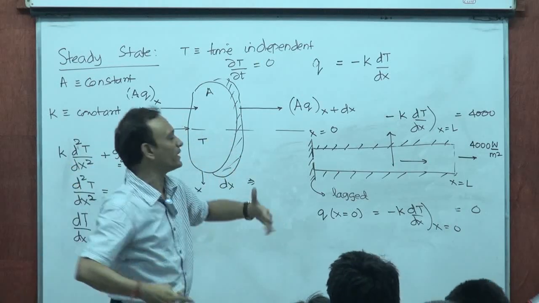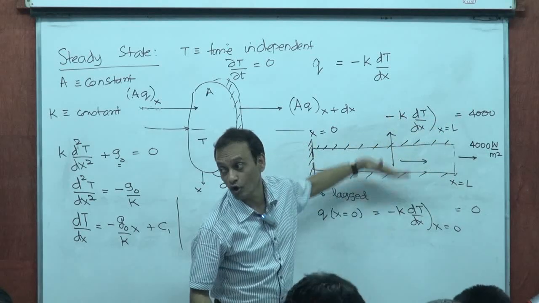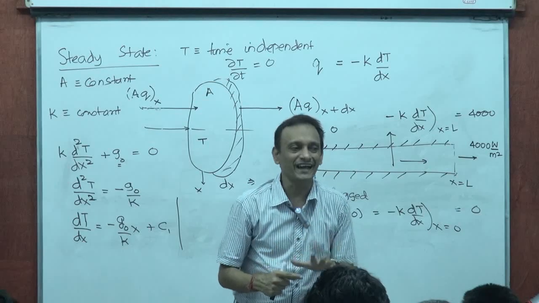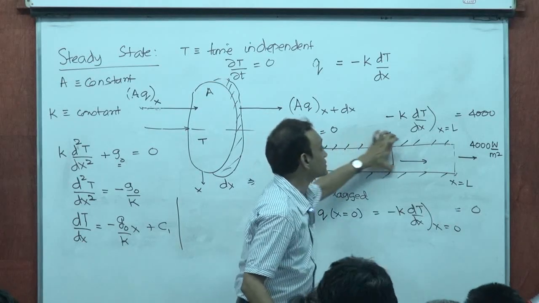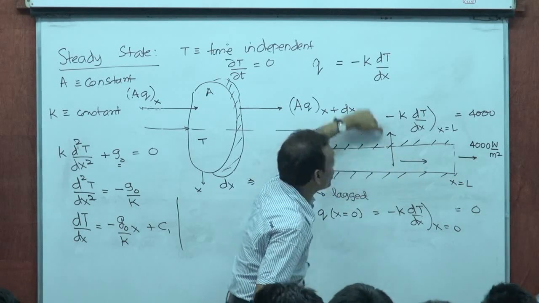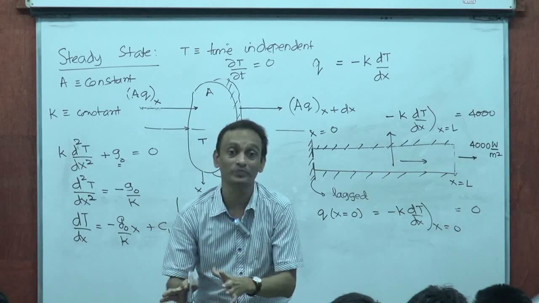If it's lagged or insulated, there can be no heat flow in a lateral direction. If, however, I had not lagged or insulated the surroundings, then temperature will not just be a function of x, it will also be a function of y. Then it's going to become a two-dimensional heat problem.